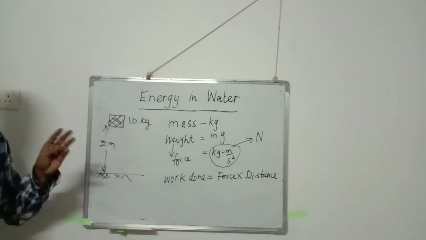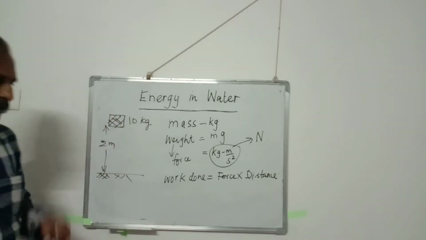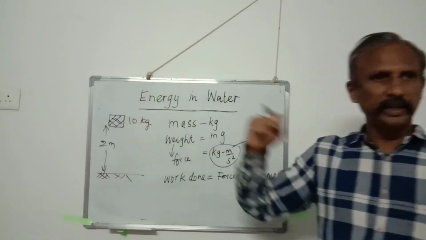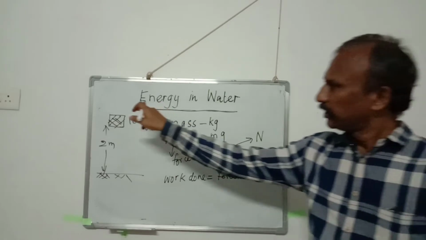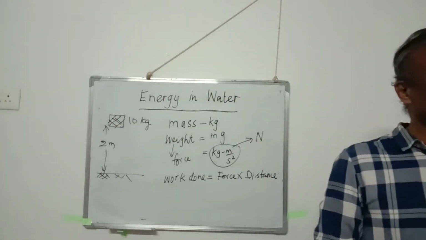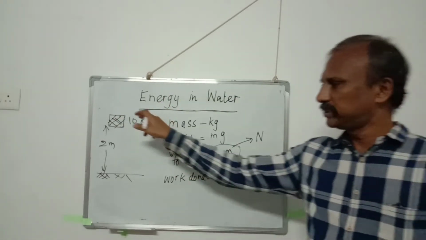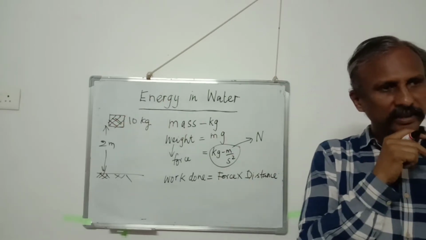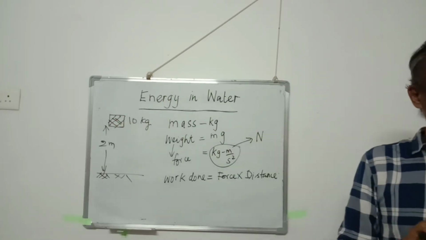When the mass is allowed to fall from here to here, a force is continuously acting on this mass. What is the quantity of the force that is acting on this mass? That is the weight of that mass.